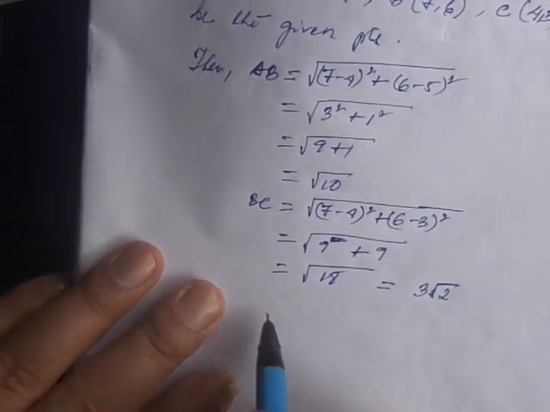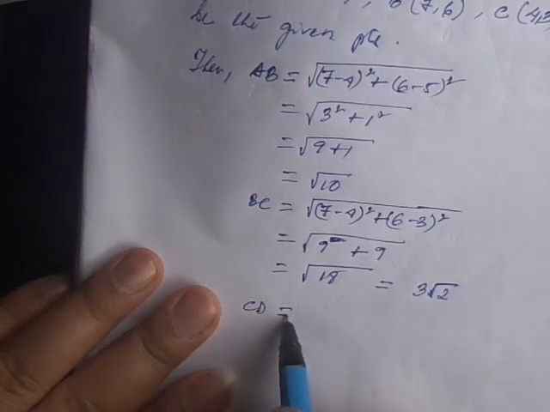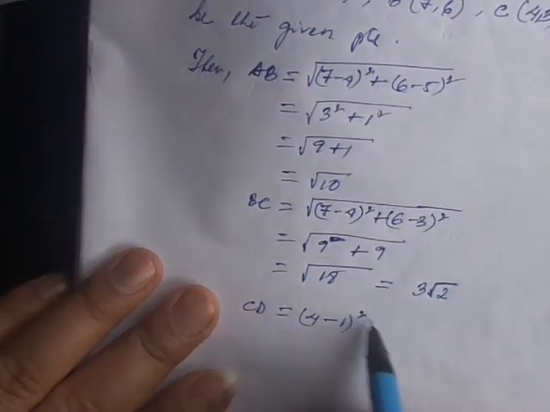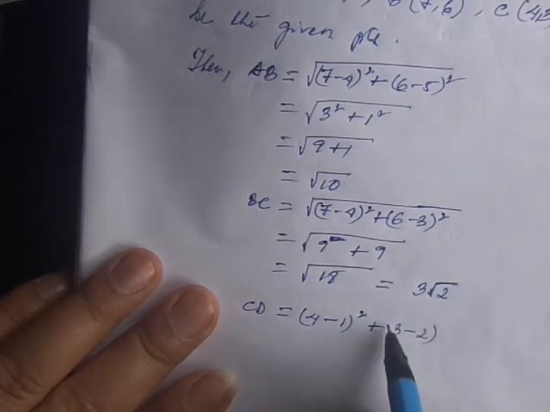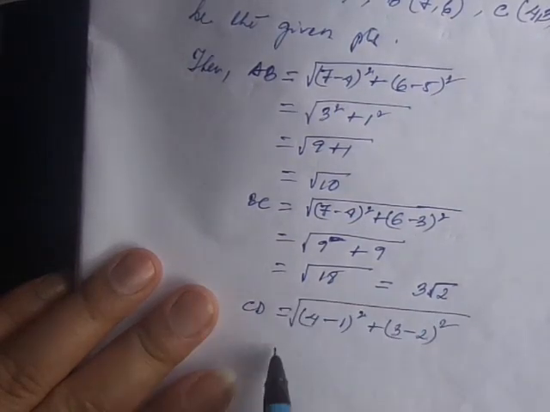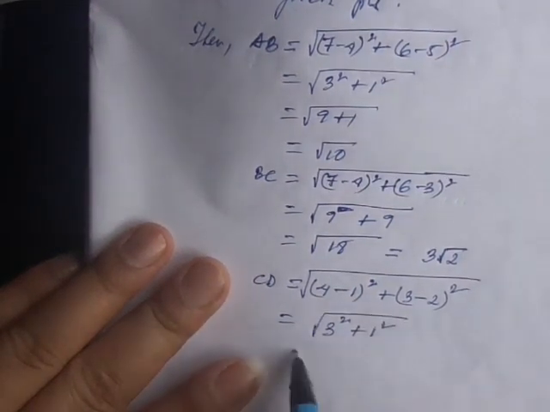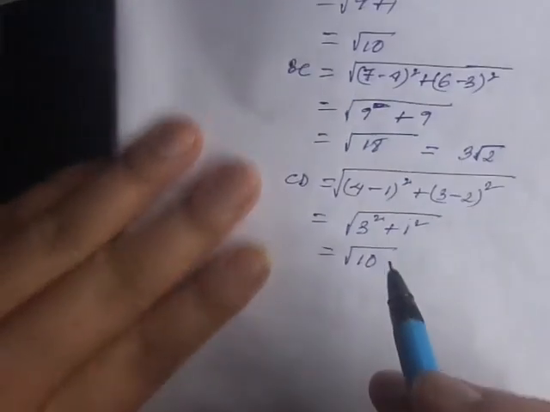Then CD equal to 4 minus 1 whole square plus 3 minus 2 whole square, so we get 3 square plus 1 square, that means root 10.